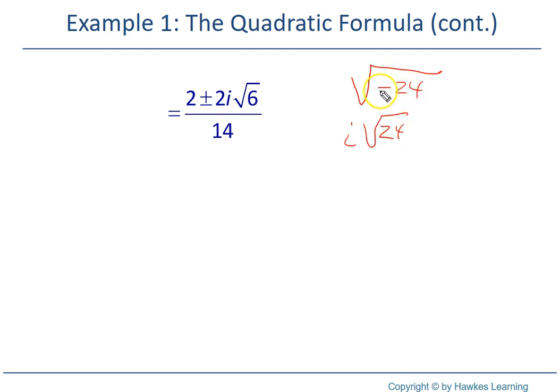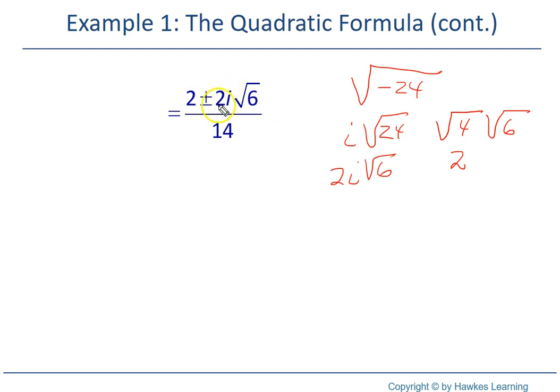You recall the i was the square root of negative 1. And then we said in an earlier section, the 24 can be divided into 4 times 6. And the square root of 4 is 2. So there's where we get the 2i, the square root of 6.